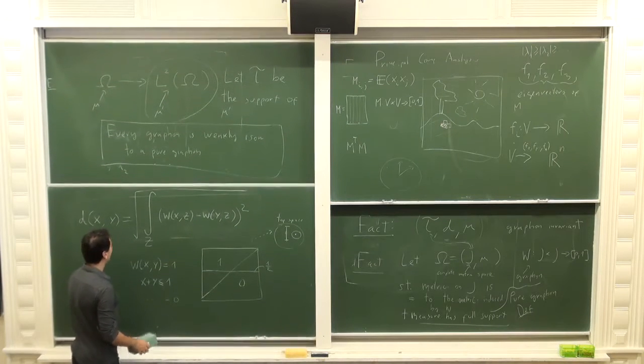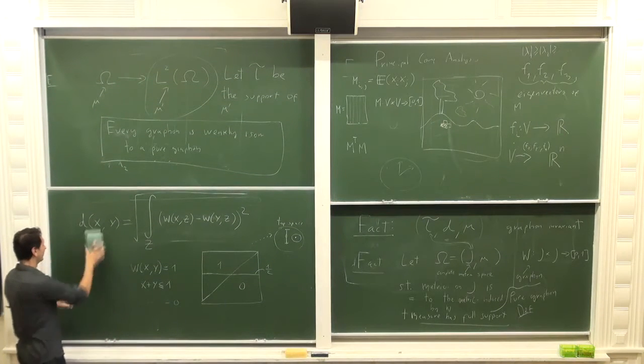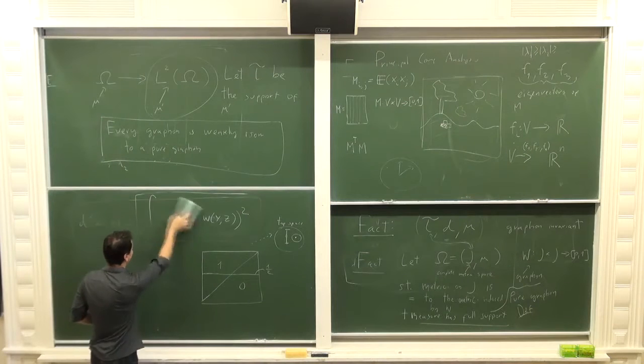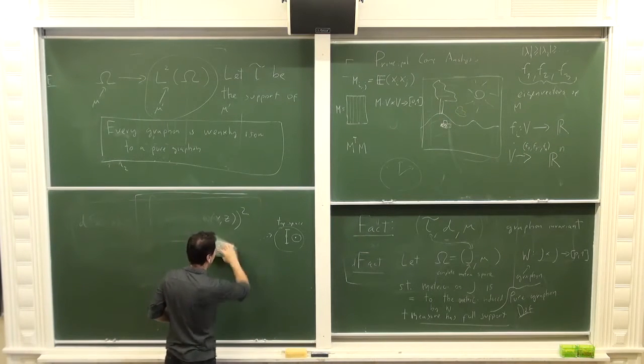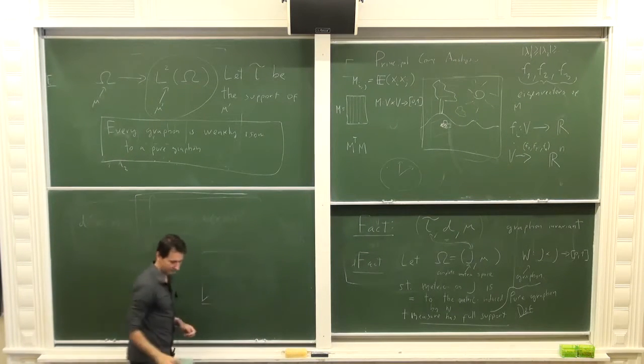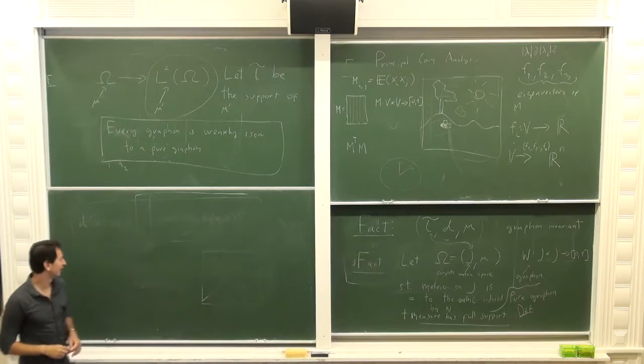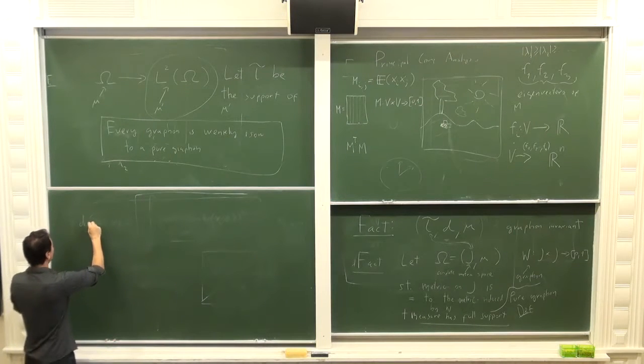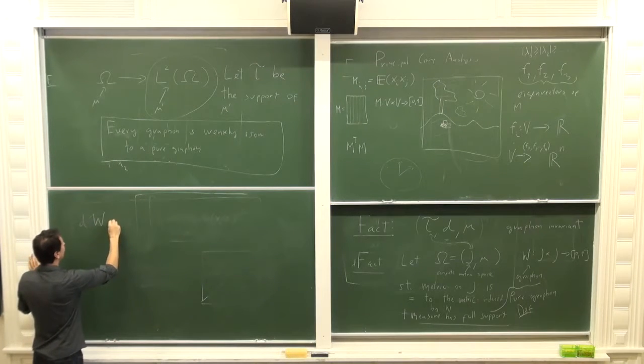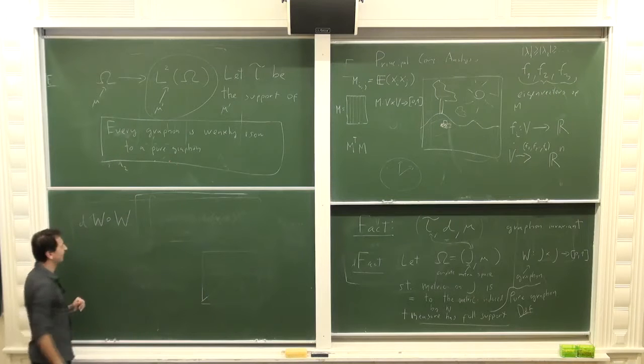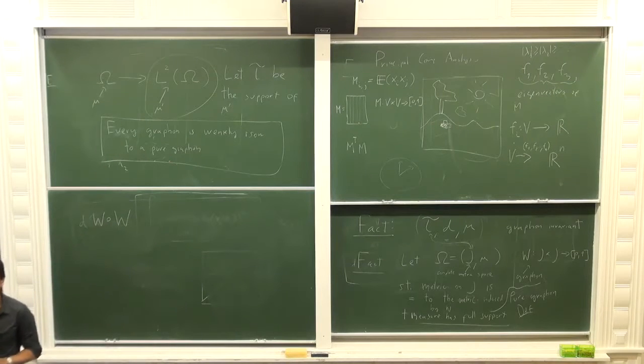I promised you a second topological space related to a graphon. This is the following. Whenever you have a graphon W, you can take the square of W as an operator.